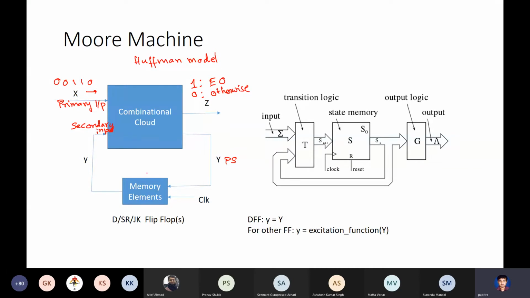In this case, the encoding of the state is 2-bit, so basically you will need 2 flip-flops. This memory element will consist of 2 flip-flops.